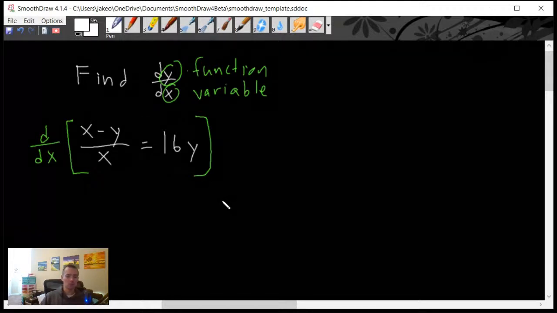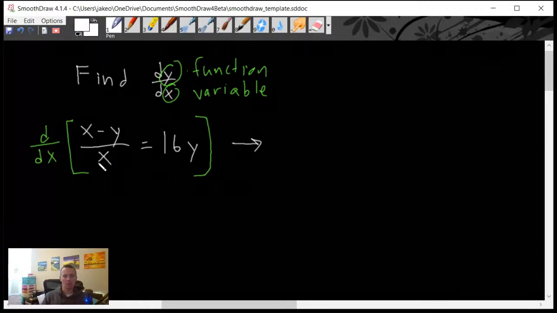Actually there probably are two different ways to do this problem specifically. We can just go right off the bat, take the derivative with respect to x, and we'd probably have to use quotient rule over here. One other option we have is, instead of taking the derivative right away, we can rearrange this equation a little bit, and that might get it into a format that's going to be a little bit easier for us.